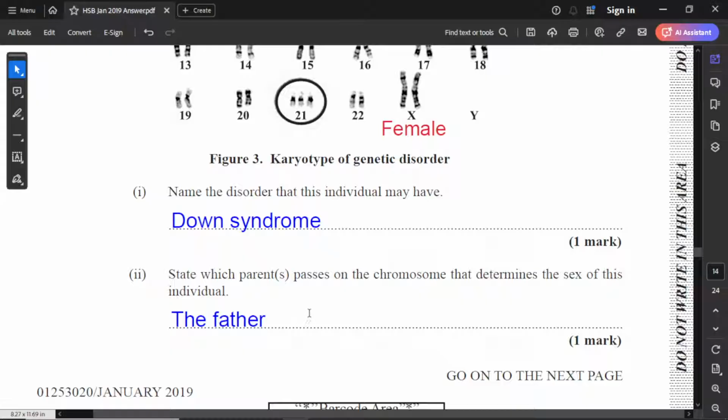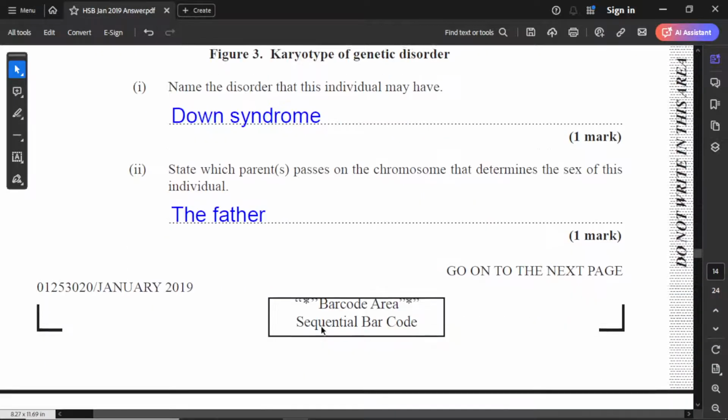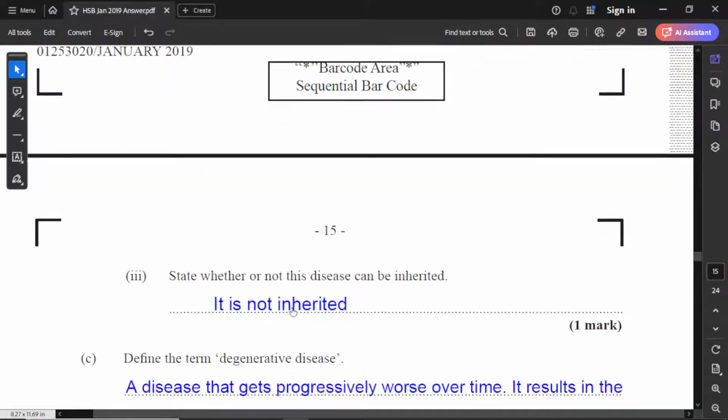But the gender is determined based upon whether the father's sperm carries an X chromosome or a Y chromosome. So depending on what the father contributes to the fusion of the gametes, that determines the gender of the offspring or child. All right, so the father is the one.